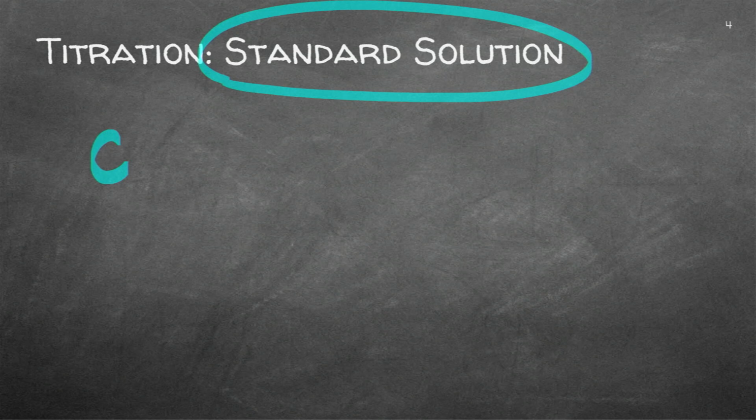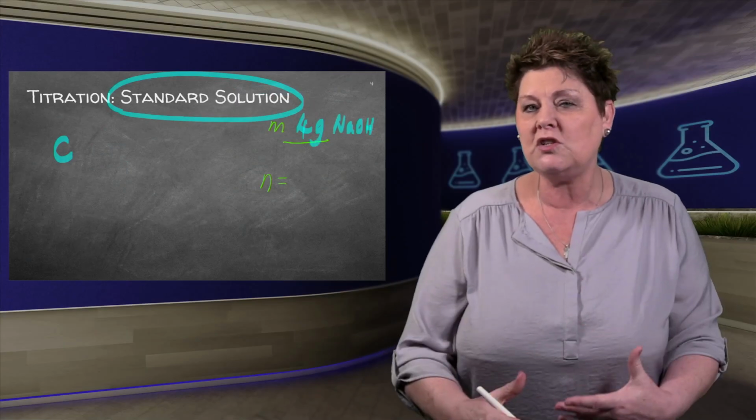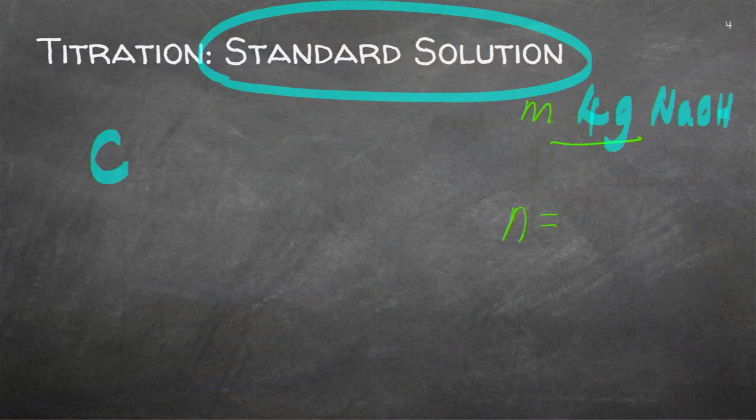If I took 4 grams of sodium hydroxide, can you know something more than just the mass? Well, if you go to your stoichiometry or your quantitative aspects, which we did cover in a whole section, you will get the moles of sodium hydroxide in 4 grams.